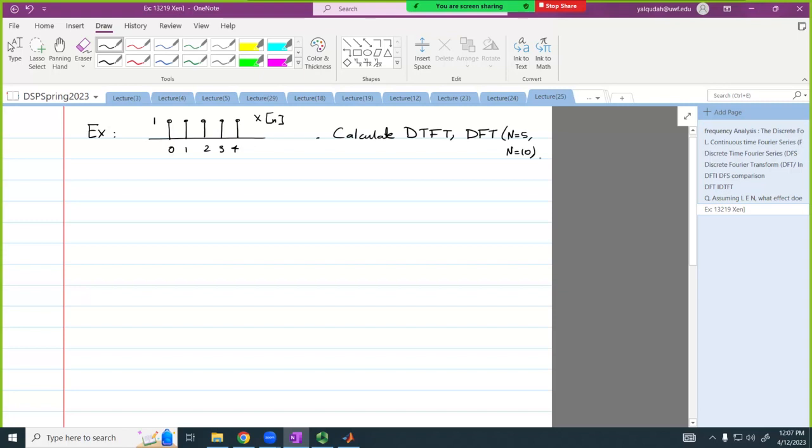Okay, so how do we calculate the discrete time Fourier transform? Remember, this is similar to calculating the X of z. This is going to be the summation from n equals 0 to 4 of x of n, which is 1, times e to the negative j omega n. This is going to equal 1 minus e to the negative j omega to the 5, divided by 1 minus e to the negative j omega.